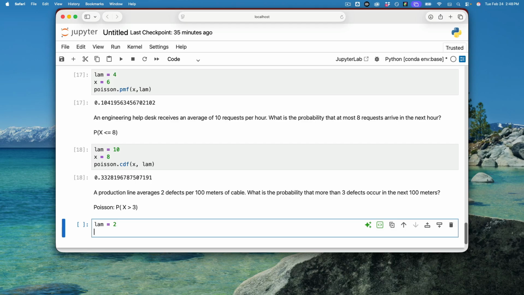So that would be 1 minus poisson.cdf. Greater than 3, we want to include 3 in the area to the left, and then lambda, right? We want the area of Poisson equal 4, 5, 6, 7, 8, so that means 1 minus Poisson 0, 1, 2, 3. So that would be CDF at 3.